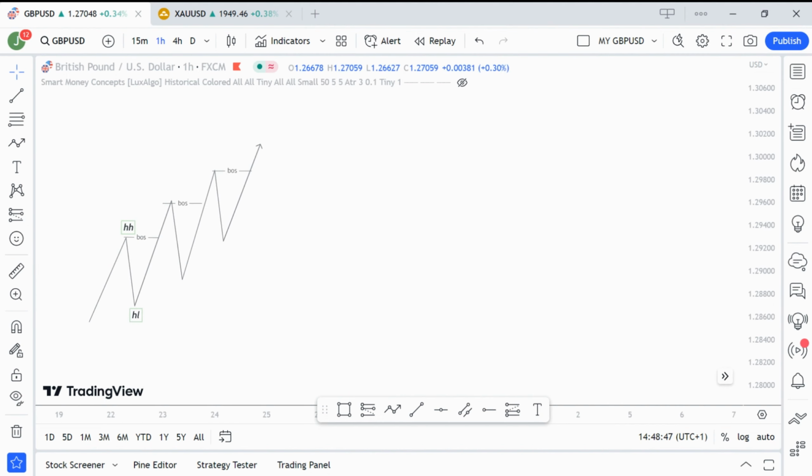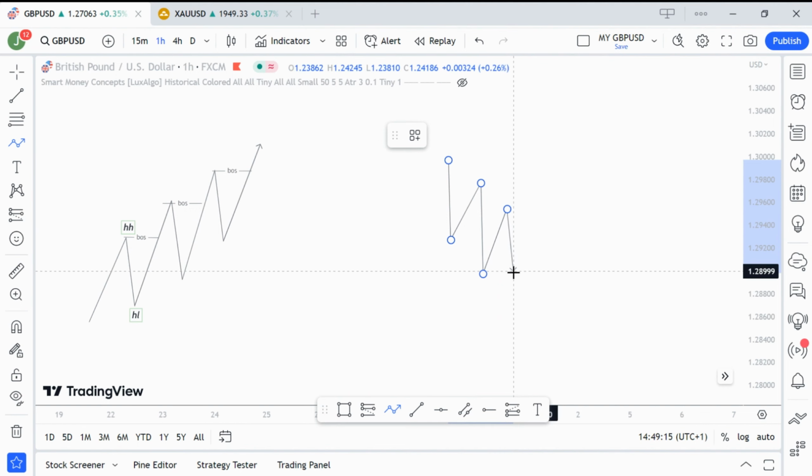Then the market moves in another form we call the bearish market or the downtrend market. The downtrend market looks like this, going down, forming a new lower high, then a break of structure to the downside, a new lower low, goes up, creates a new lower high, then break of structure to the downside, new lower low, break of structure to the downside.